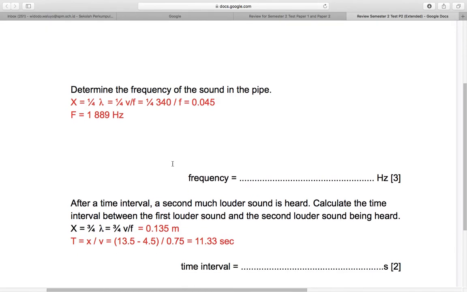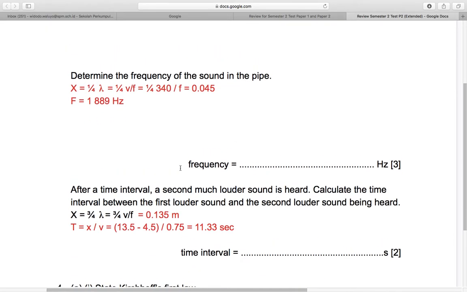Okay, we continue. After a time interval, a second much louder sound is heard. Calculate the time interval between the first louder sound and the second louder sound being heard. As I mentioned before, after the first hearing, x is 3 over 4 lambda at the second maximum. And lambda is v over f.